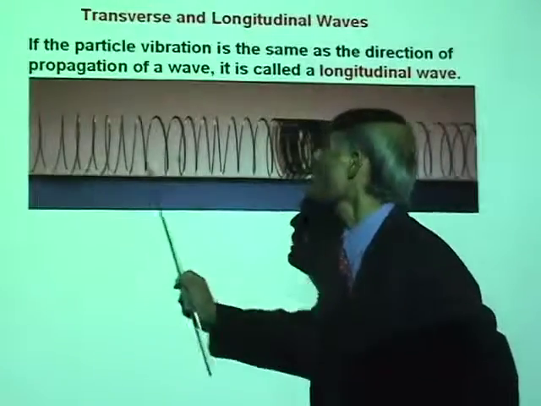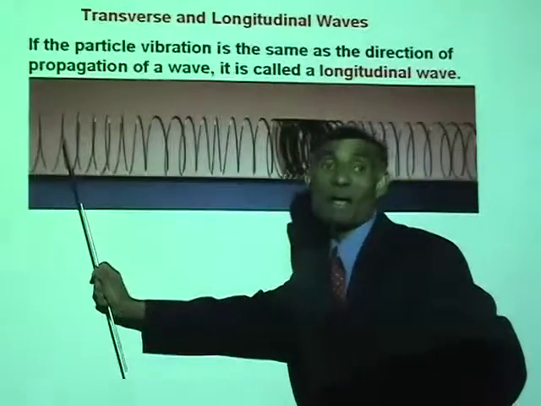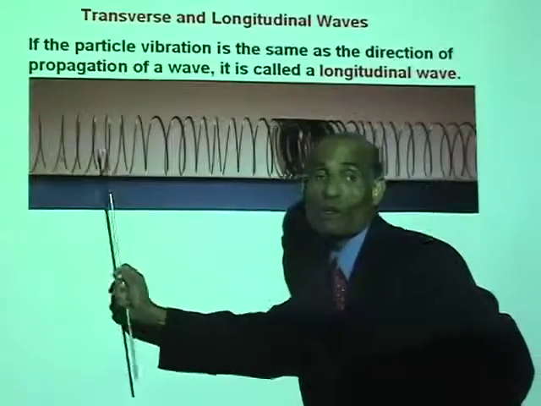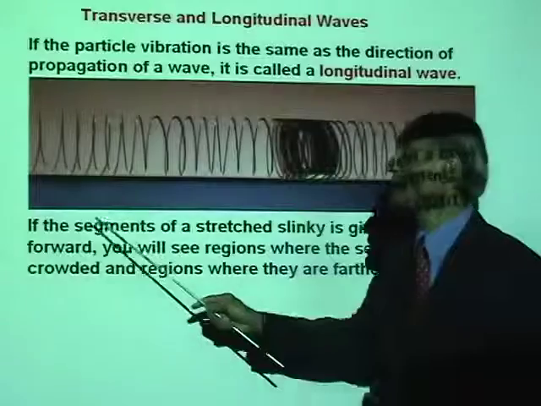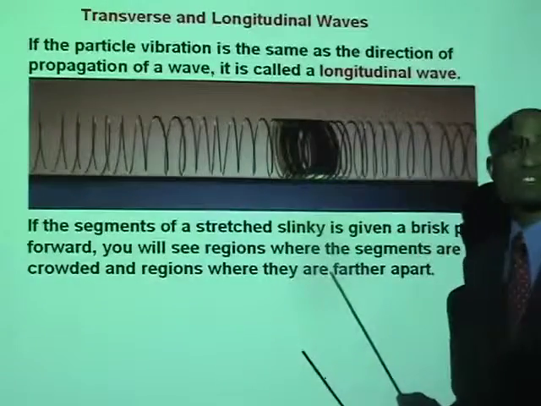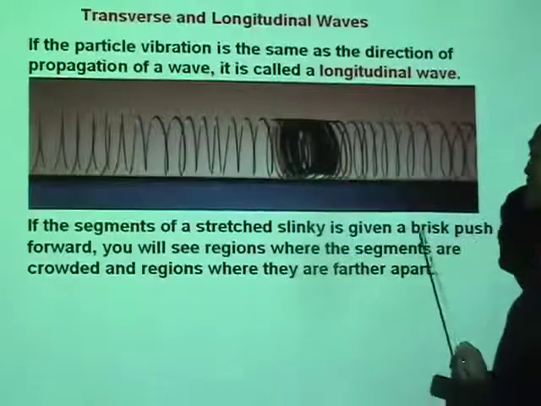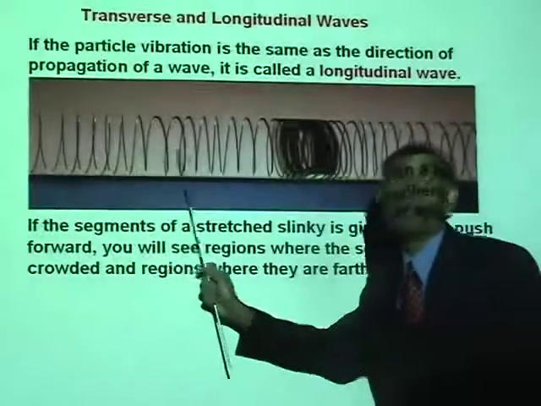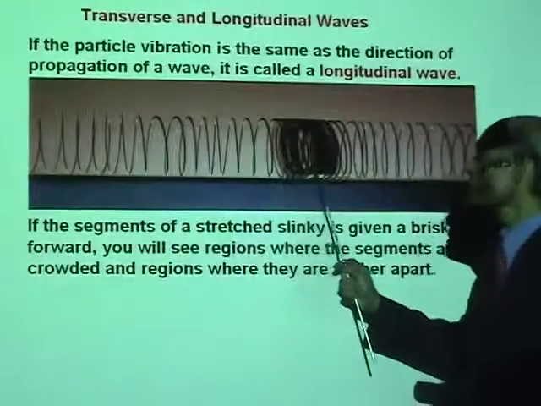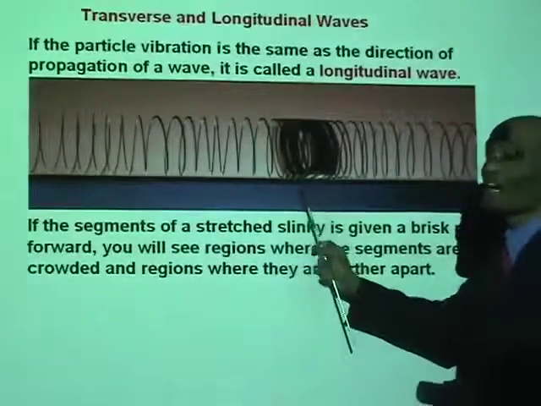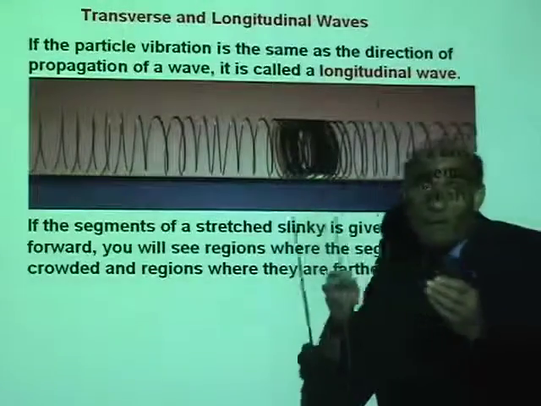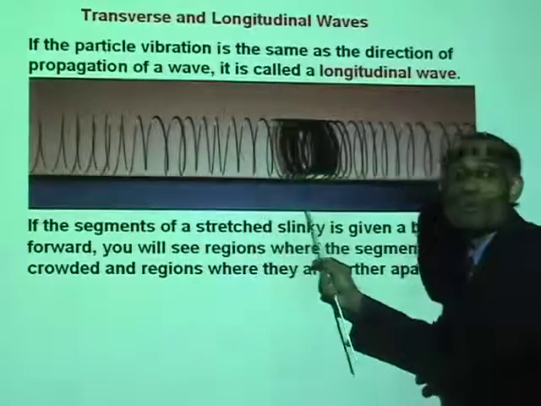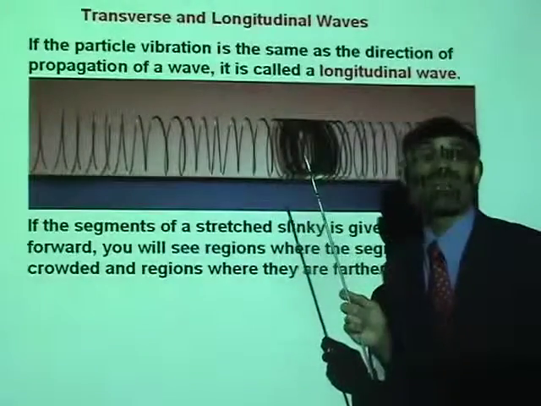I have a slinky on the table, and if I push the slinky forward, the particles are set into back and forth vibration. So if the segments of a stretched slinky are given a brisk push forward, you will see regions where the segments are crowded and regions where they are farther apart move along the length of the spring.